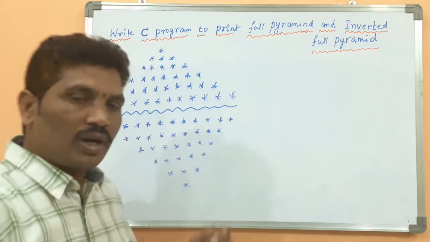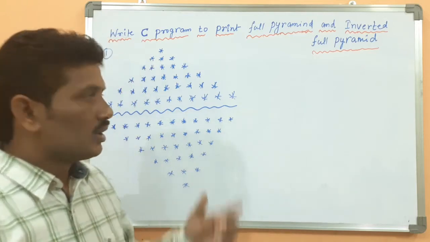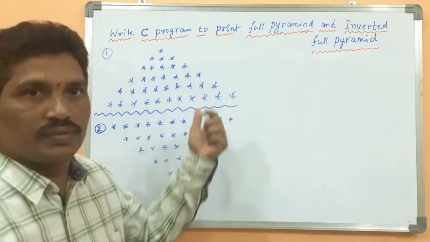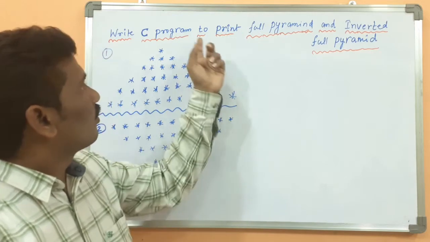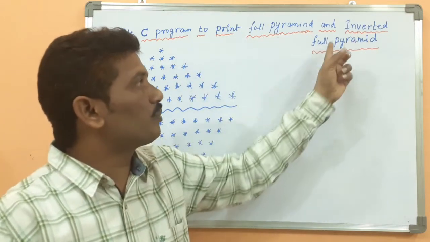Here, if you want to print stars in pyramid shape, this is called the program to print a full pyramid and an inverted full pyramid.